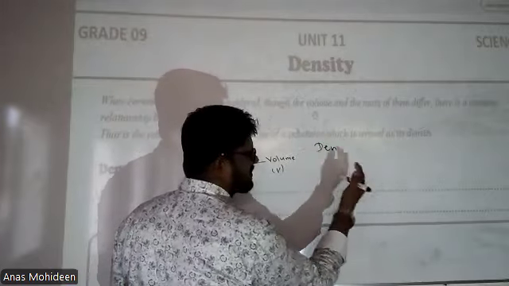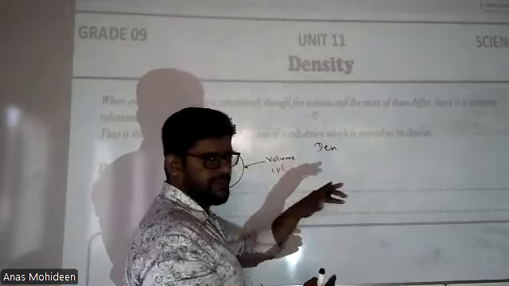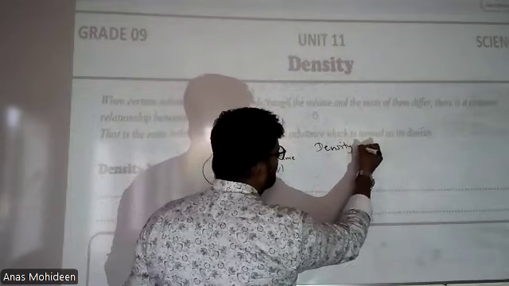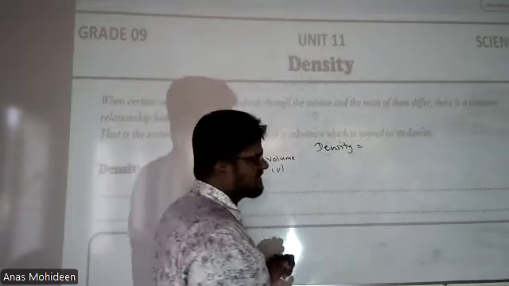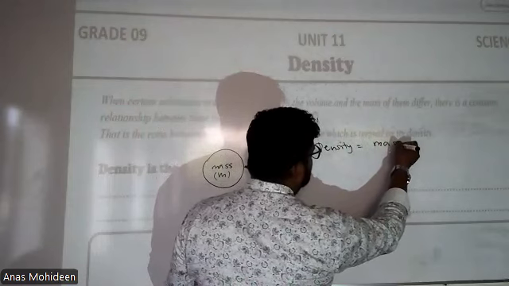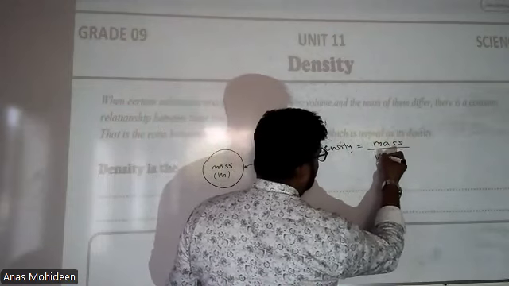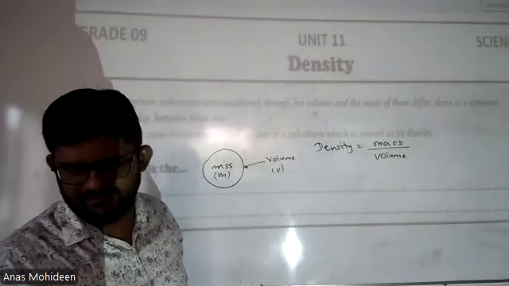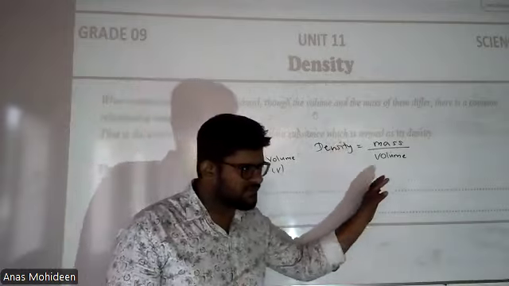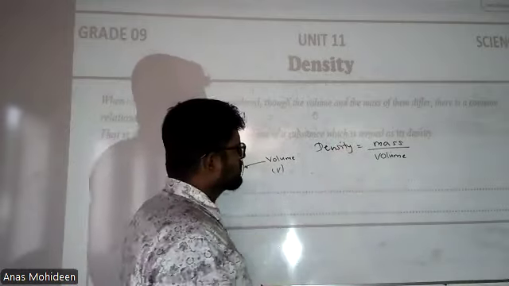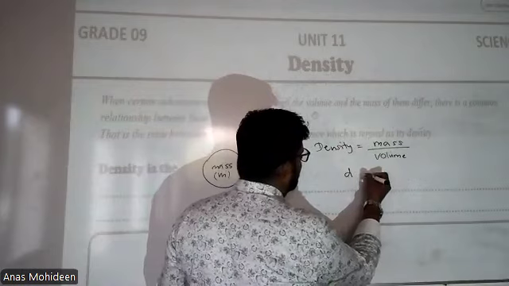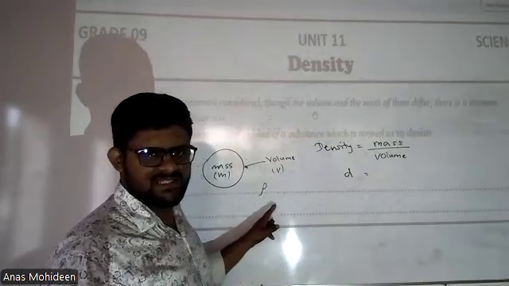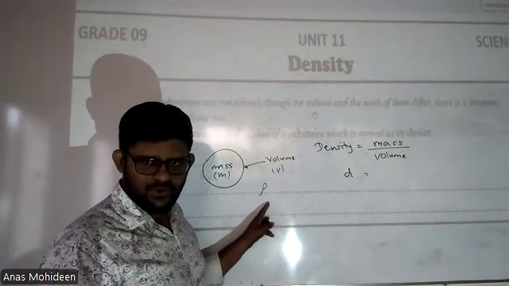So how do we find out the density? I've merged both the parts together, so the equation also I'm taking, so it will be easy for you. The density is equal to the mass of the object divided by the volume. How do you find out the density? Mass of the object divided by the volume. Density is given with the symbol D, or another symbol is also used, rho.